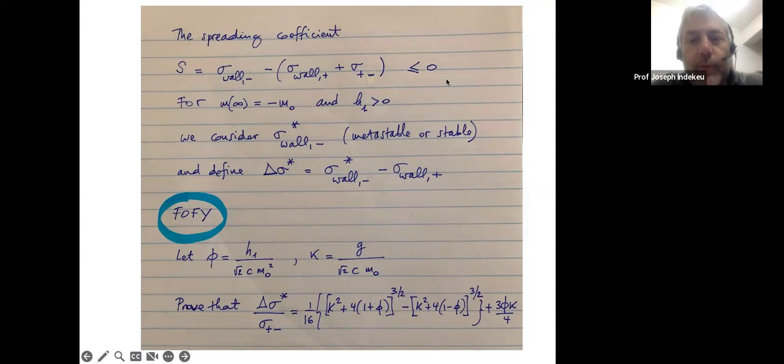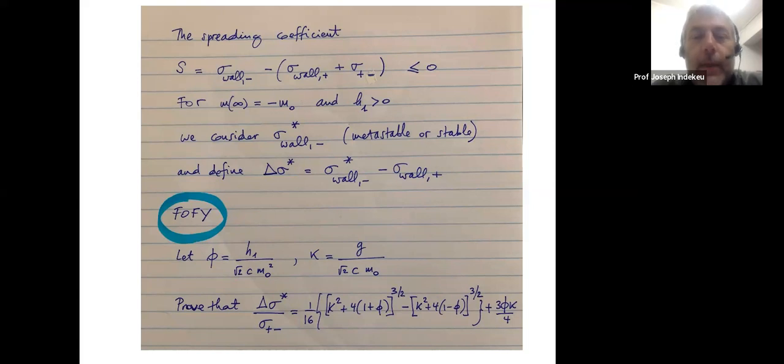Now, this poses an interesting problem because we could consider the wall minus interface and look at how far we can push it as a stable or metastable state. If we keep on increasing the surface field favoring wetting, at some point the wall minus interface will become unstable and will give way to a wall plus minus interface.